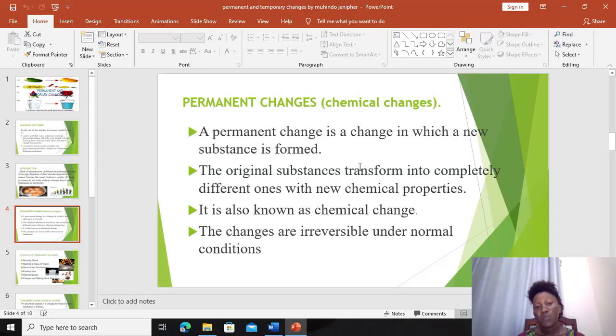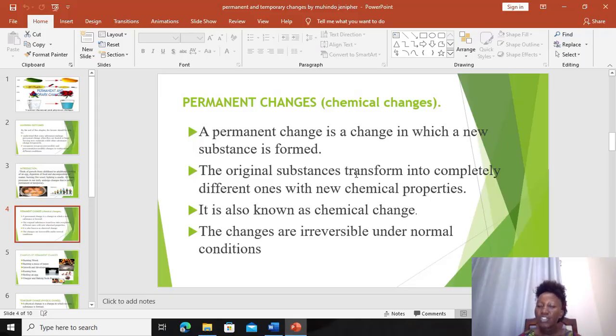Let us begin with permanent changes, or what we call chemical changes, or irreversible changes. What is a permanent change? A permanent change is a change in which a new substance is formed.